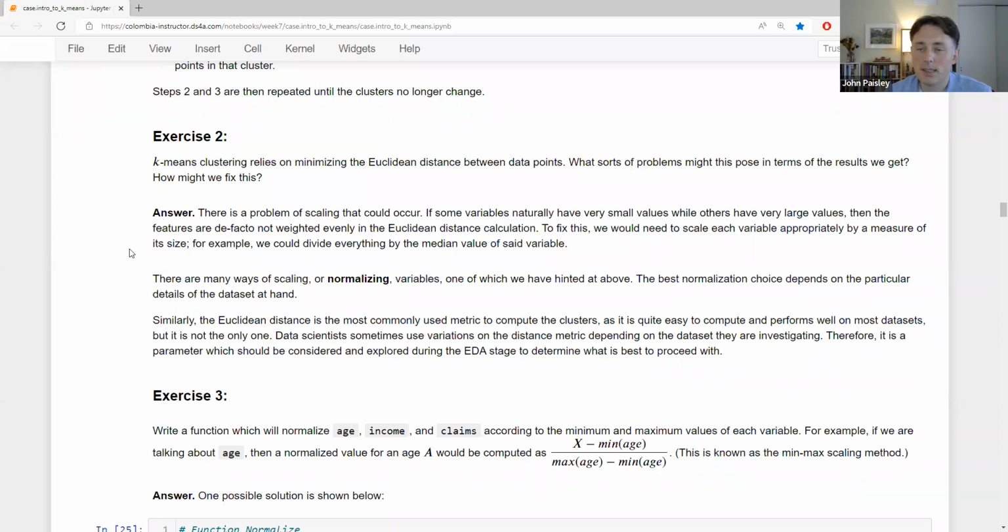So that's by far the most common, where you take each dimension and you subtract the mean, and then you divide each dimension by the standard deviation of that dimension. So the standard deviation of income is going to be much larger because the values vary by a lot more. And the standard deviation of your age is going to be much smaller because the values vary much less. So when you divide the age by a smaller value, and divide the income by a larger value, that scales them so they have about the same scale.